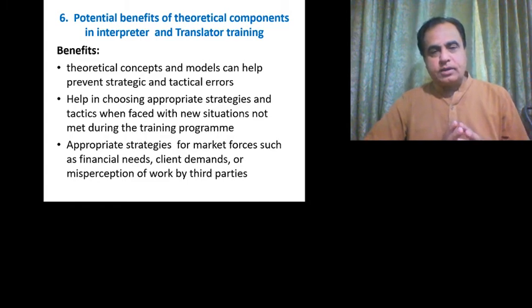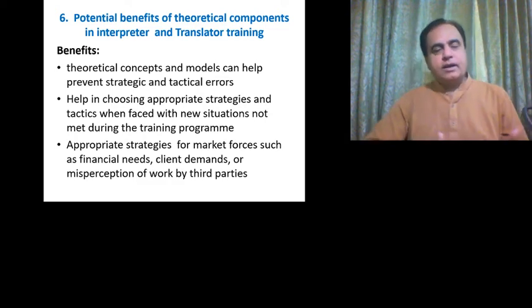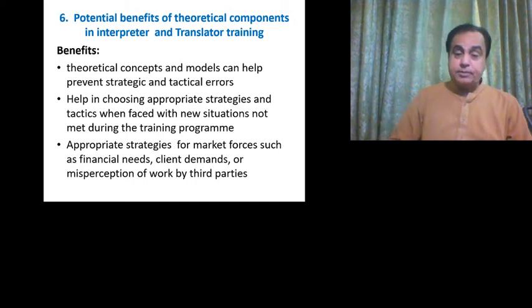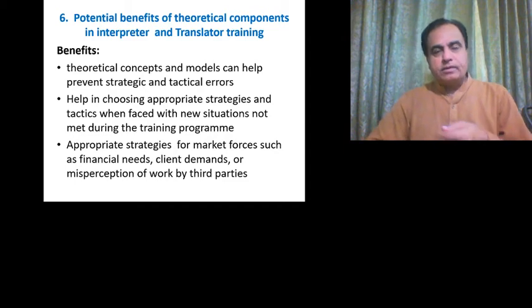Sometimes you are unable to understand, sometimes there are technical problems, and due to those technical problems the interpreter is unable to follow the speech, or there are very difficult words used by the speaker. The interpreter should never stop interpreting. And there are, of course, techniques taught inside the classroom on how to handle this situation.